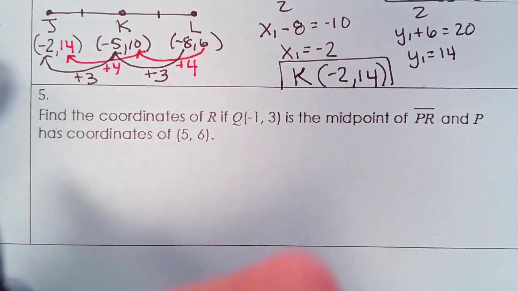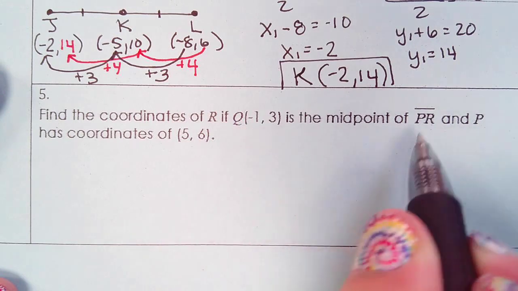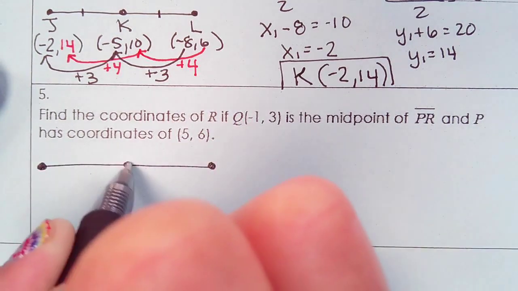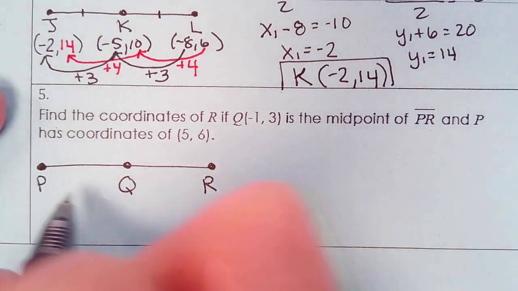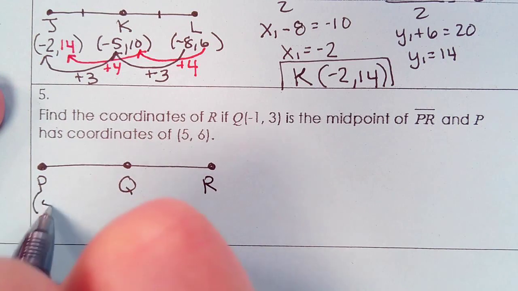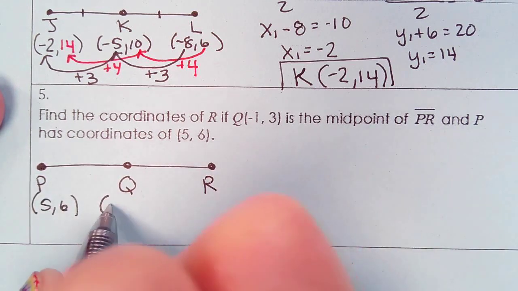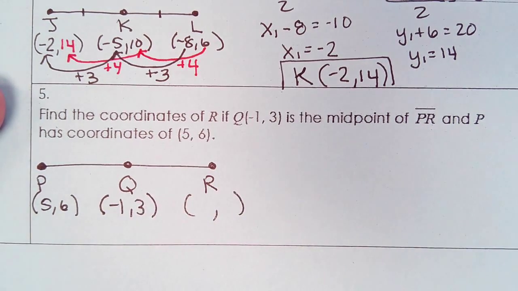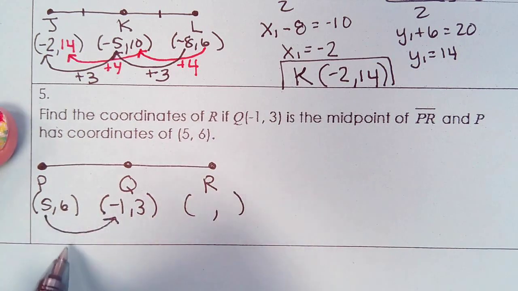Okay, now that you've tried it on your own, it says find the coordinates of R if Q is the midpoint of PR. So Q is the midpoint of PR. P has the coordinates of 5, 6. Q has the coordinates of -1, 3. And we're finding R. So let's go from P to Q. From 5 to -1, that is subtracting 6.